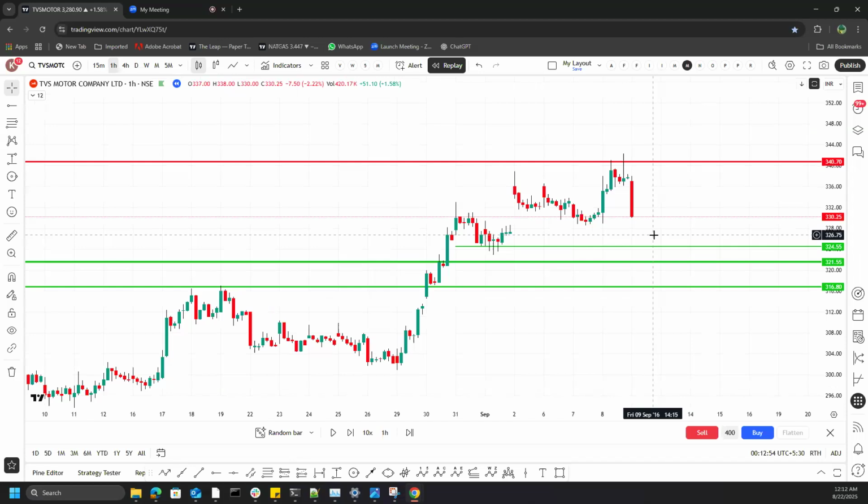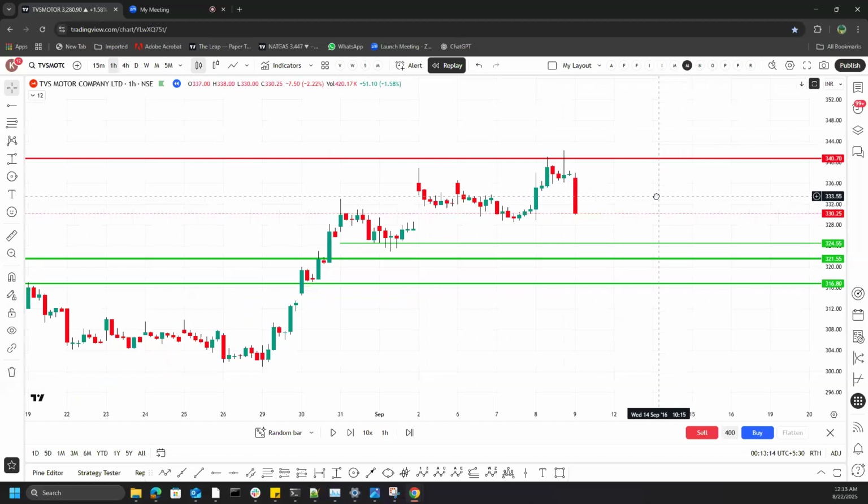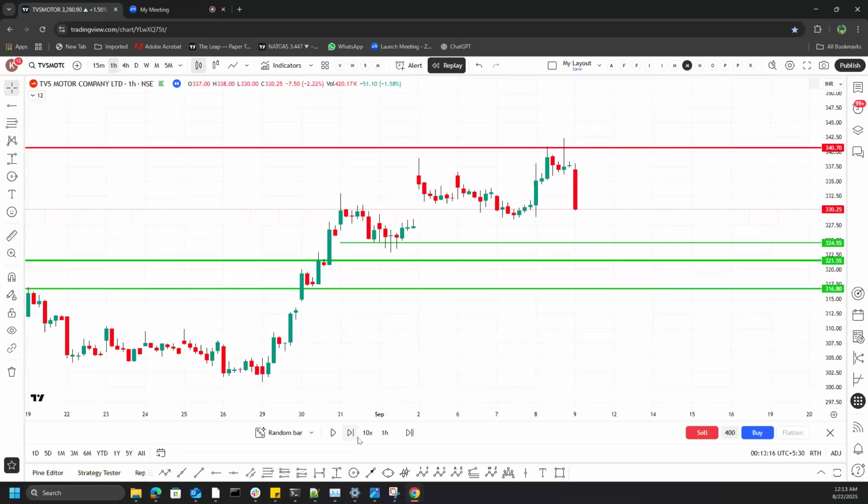So as I mentioned in my previous videos, whatever happens on this particular zone, or whatever happens in between the levels which I mark, I generally avoid, because when you put your hand here, it will automatically burn. Right? So usually your stop losses will hit, right?